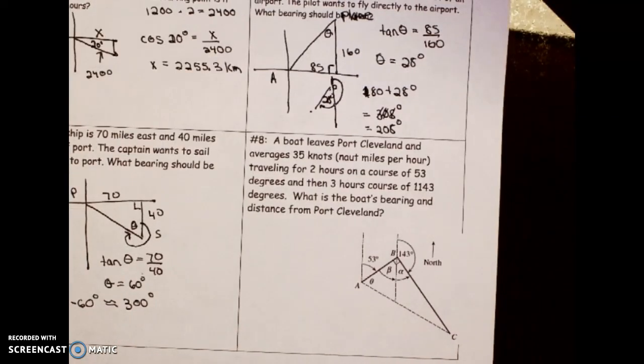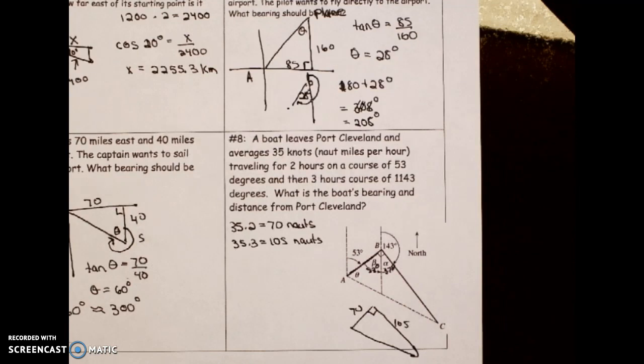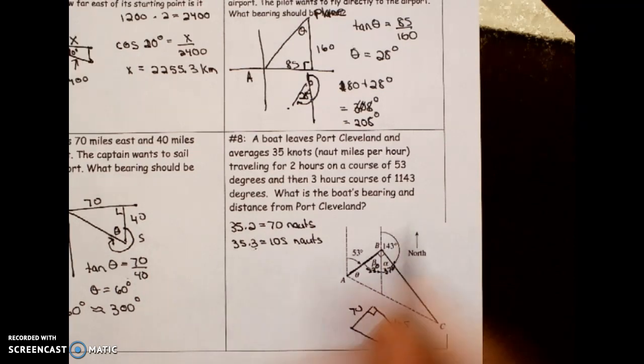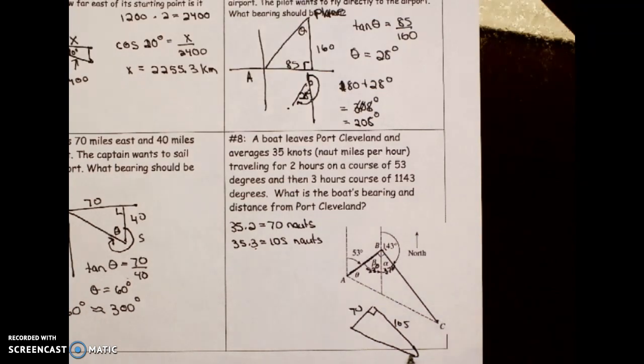Okay, last one's a little bit more complicated, and this one actually I found in your book. I'm going to give you a second to pause, just kind of read through it. Alright, taking a look at the last one. First of all, I went ahead and did 35 knots times the 2 hours gives me 70 knots from here to here. 35 times 3 hours gives me 105 knots from here to here. I went ahead and pulled out that triangle.